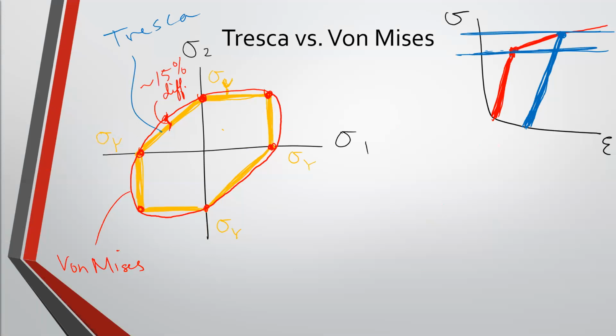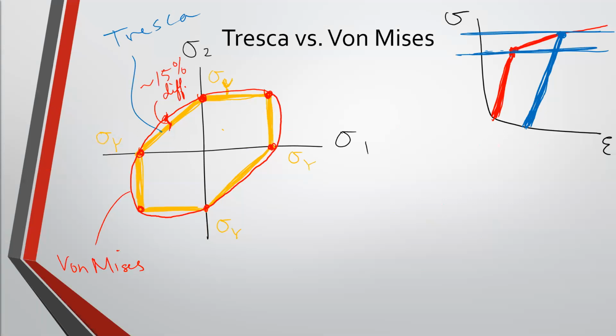If the computer is crunching the numbers for you, why not choose the more accurate analysis method? So von Mises is the preferred method typically for analysis, but Tresca does exist, and if you feel like it's easier and you're just doing a back of the envelope calculation just to check real quick if something is going to work, you can do Tresca.